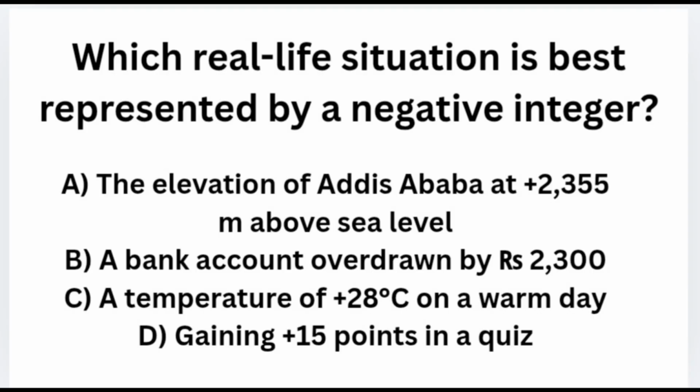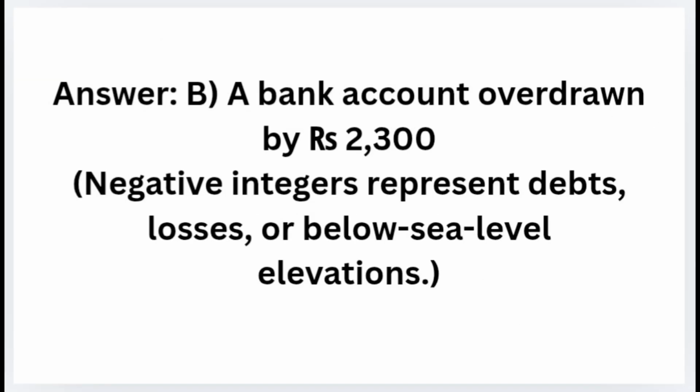D. Gaining positive 15 points in a quiz. The correct answer is B, a bank account overdrawn by negative 2,300. Negative integers represent depths, losses, or below sea level elevations.